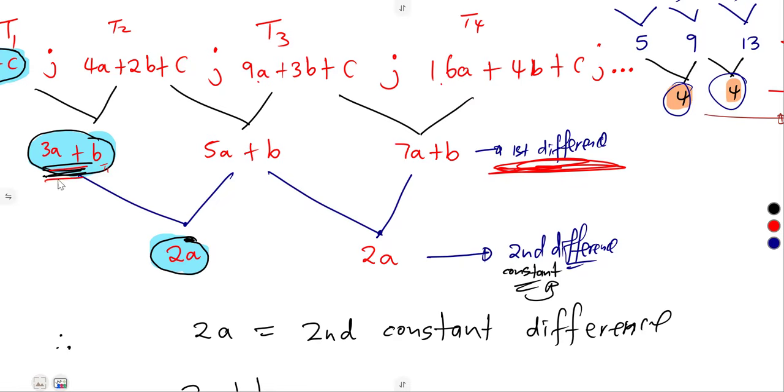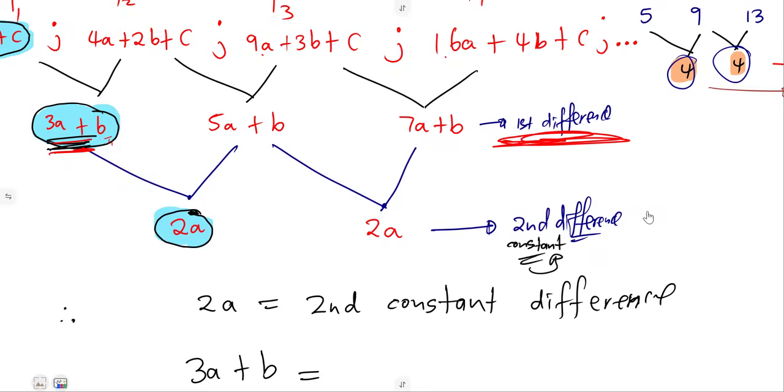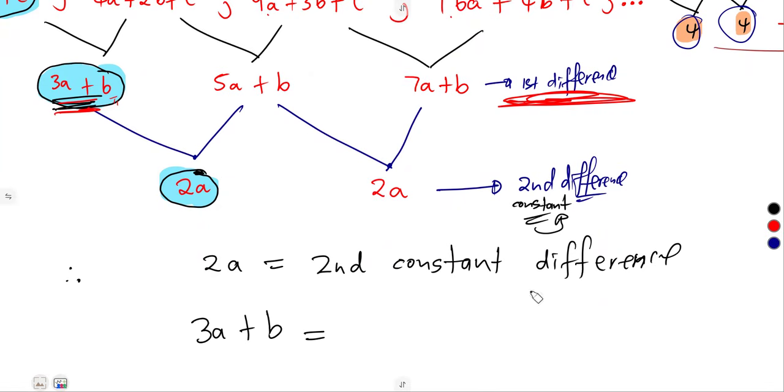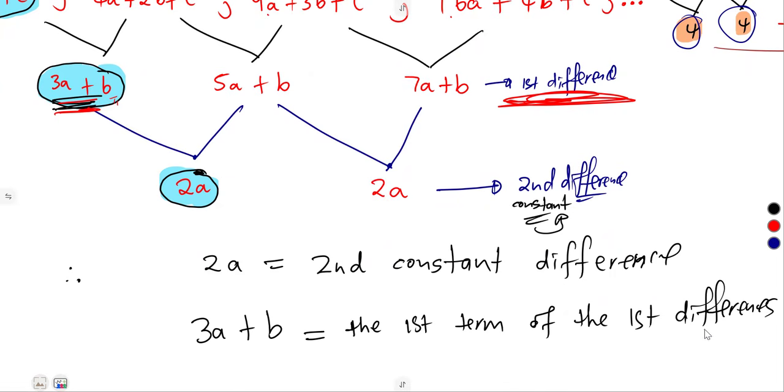So 3a plus b is equal to the first term of the first differences we are given.